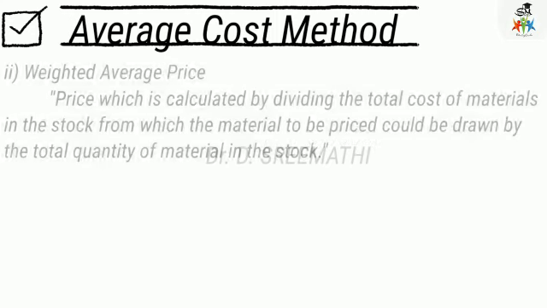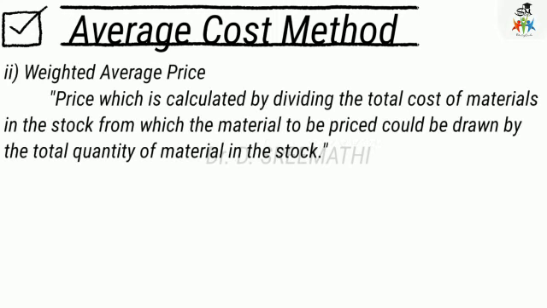The next method is the weighted average method. Here the price is calculated by dividing the total cost of the materials in the stock by the total quantity of materials in that stock. It is a very easy and simple method.